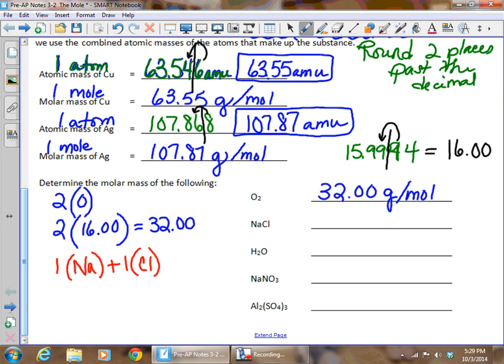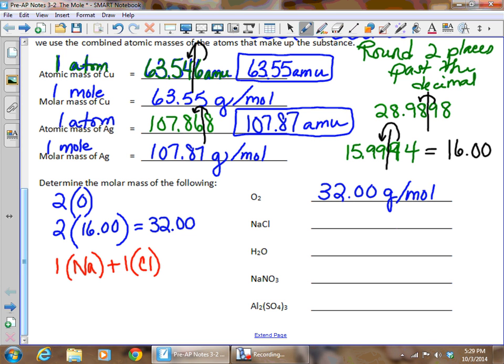We've got 1 sodium and 1 chlorine. If we look up sodium on your chart, sodium is 22.9898. We're going to draw that line 2 places past the decimal.